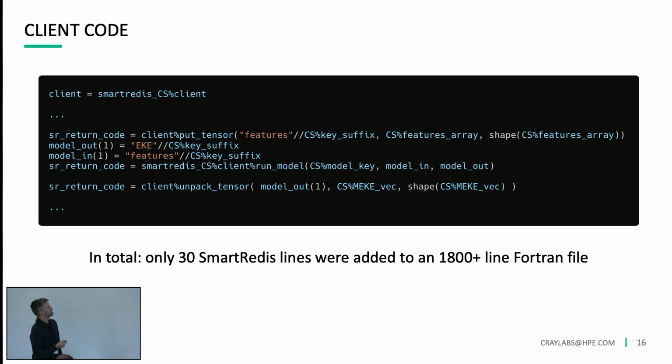Finally, you just unpack the result, so the inference result, and you use it in the next time step. So again, these 5 lines are basically what you have to do to compute inference and get the result back.